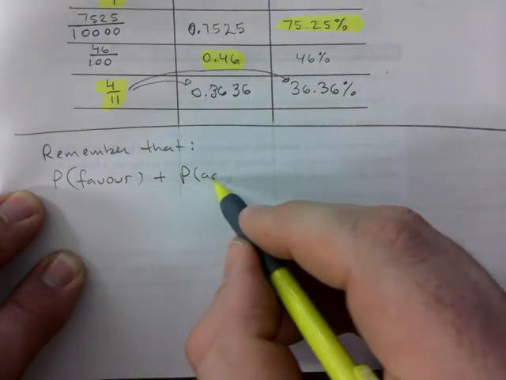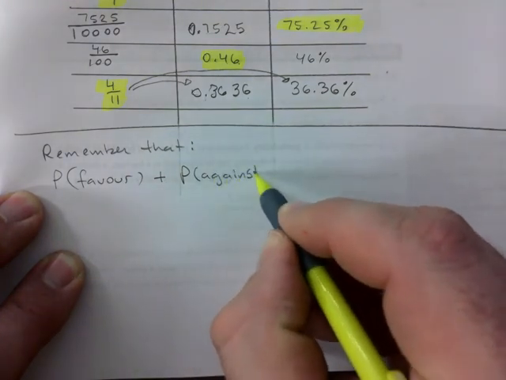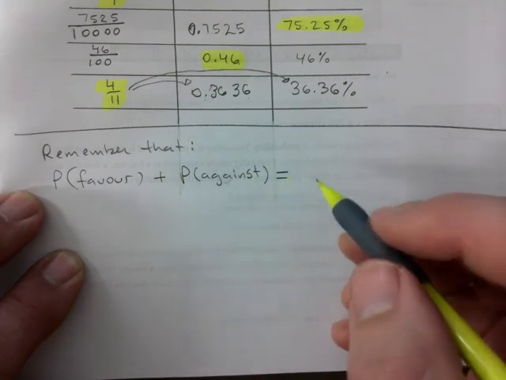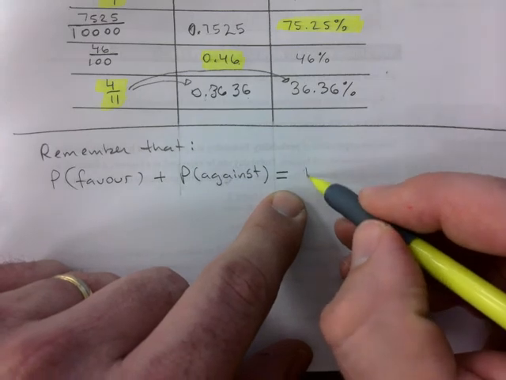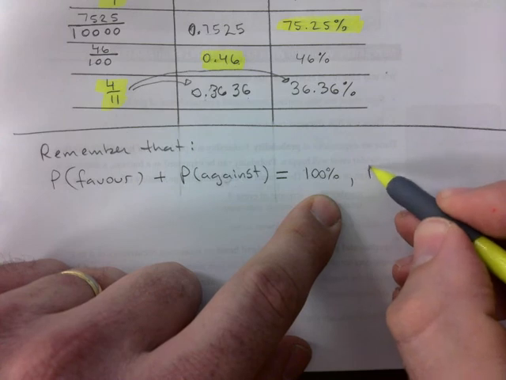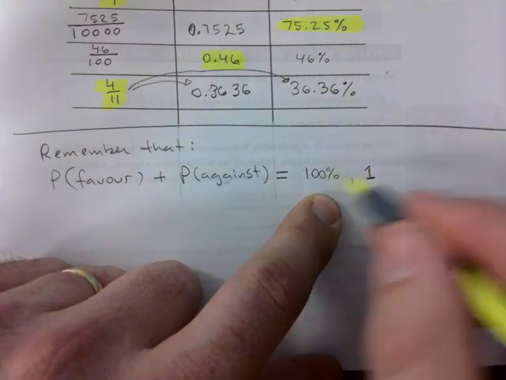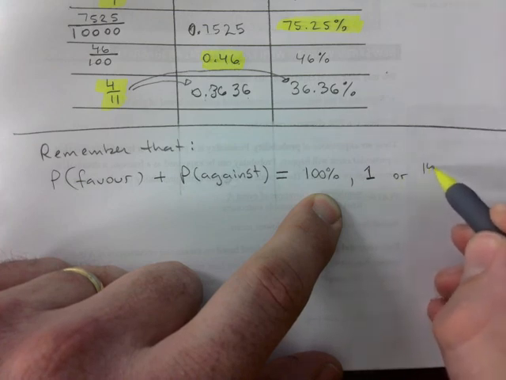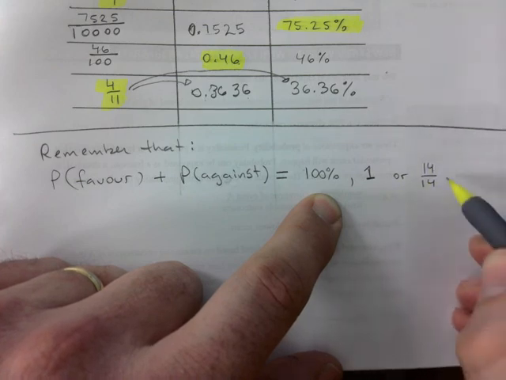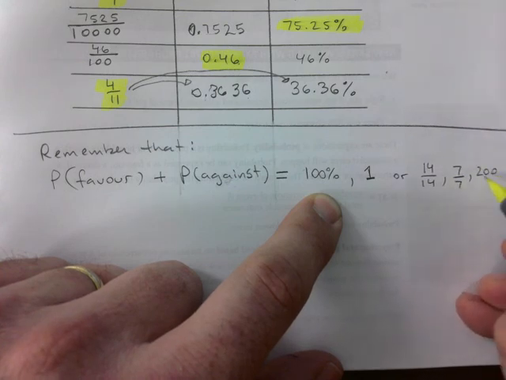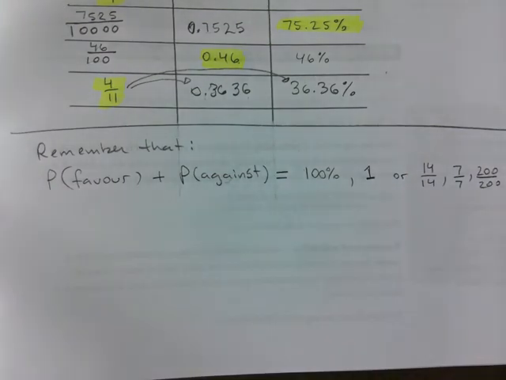Bottom of 145 is always going to be equal to, you can say 100%, or you can say just 1, because they're the same thing, right? Or if you have a fraction, let's say 14 out of 14, or 7 out of 7, or 200 out of 200, the rule is that you get 100% if you add them up.